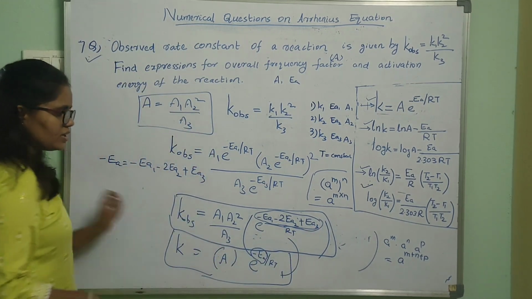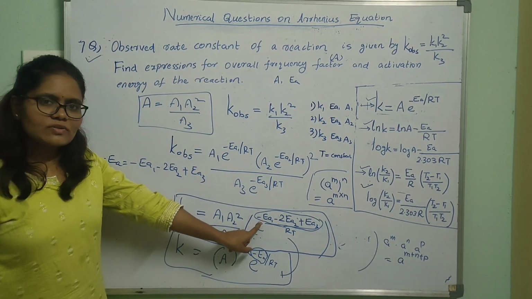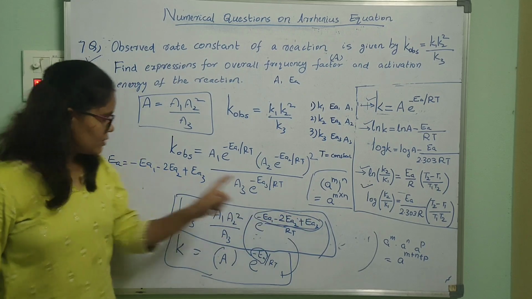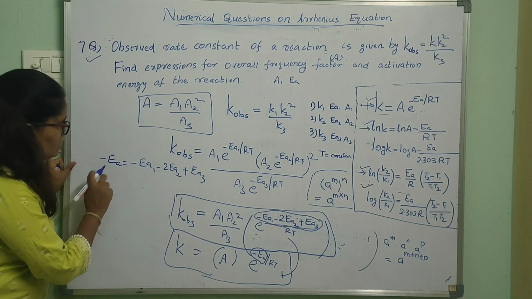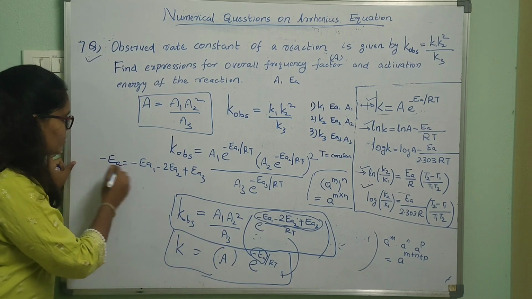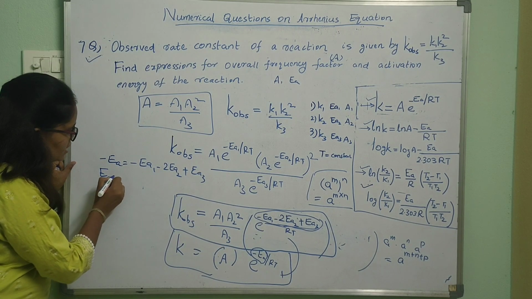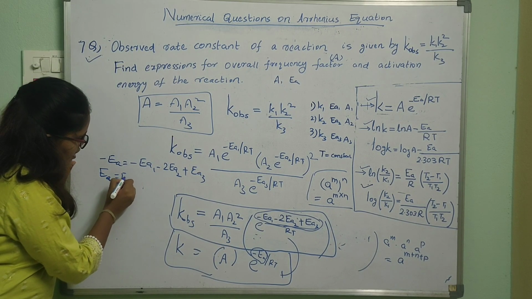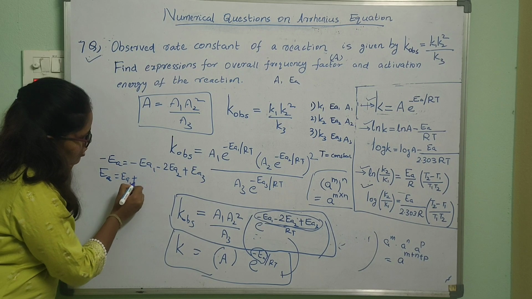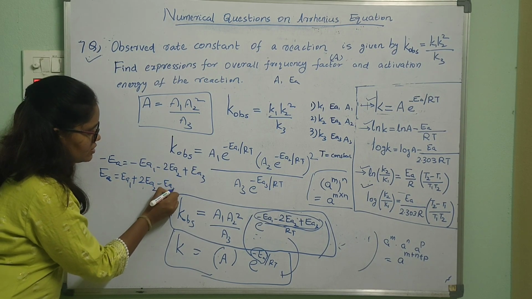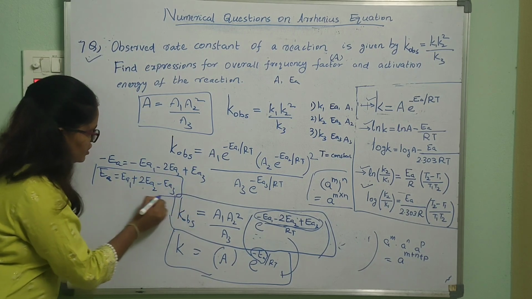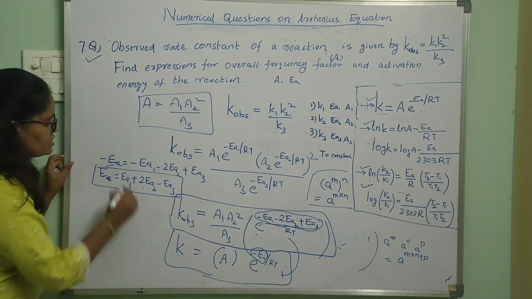Now I'll multiply both sides with a minus sign. It becomes EA is equal to EA1 plus 2EA2 minus EA3. So this is the expression for overall activation energy.